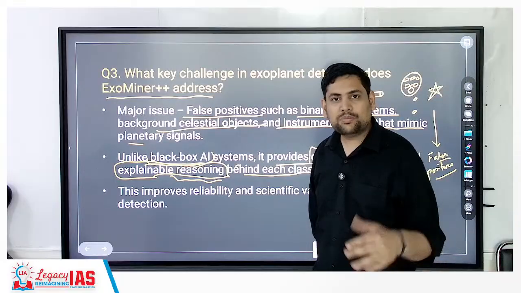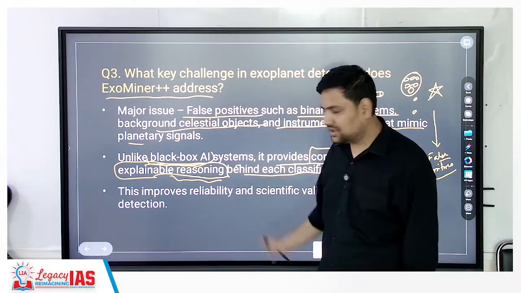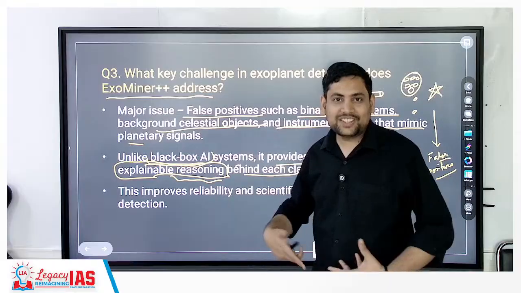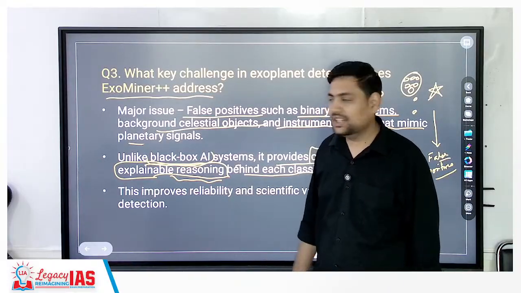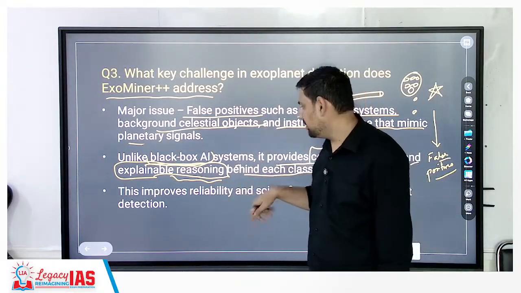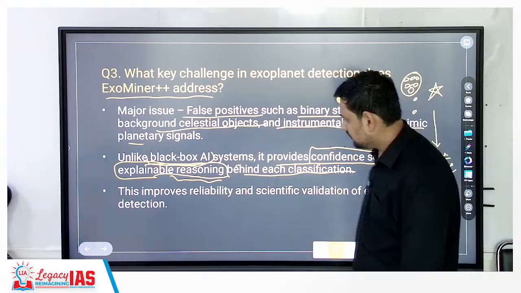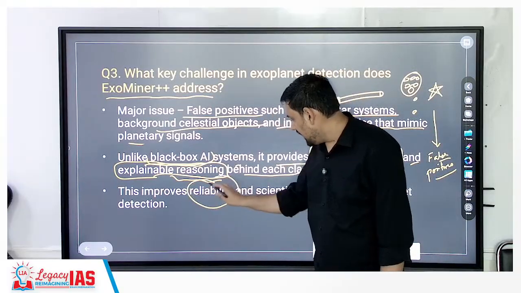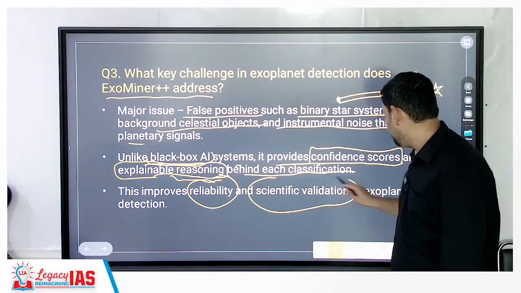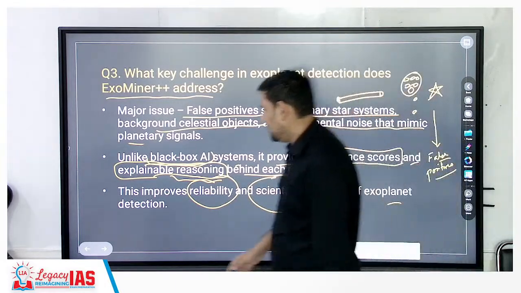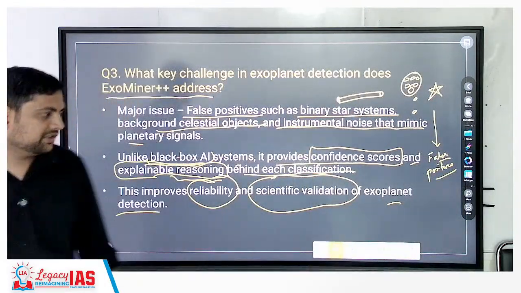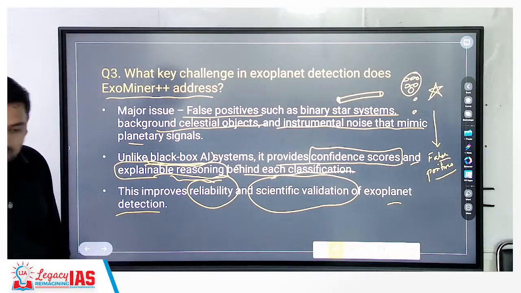Okay, then they stop blabbering anything. So the same thing is happening here also. Now of course here finding the reasons is much more difficult, but ExoMiner+ is able to do this. Now this of course improves the reliability and scientific validation of exoplanet detection. Understood? Simple till here.